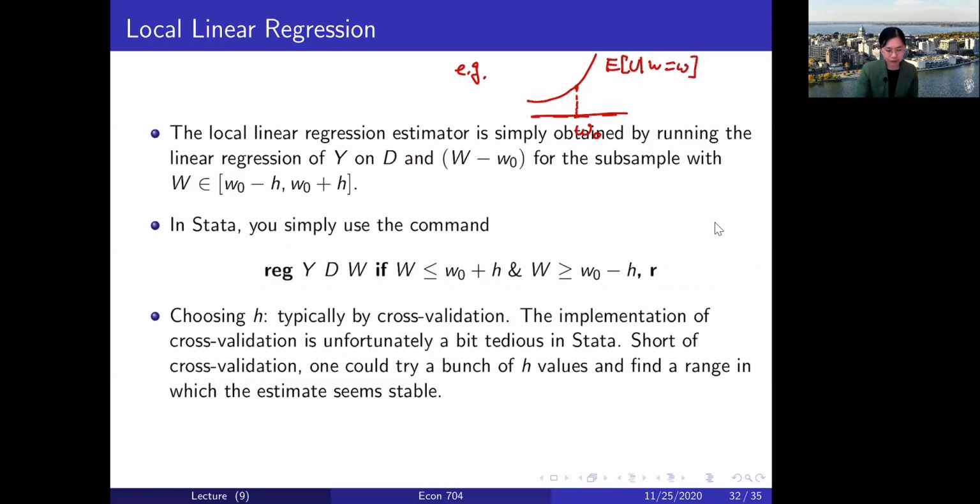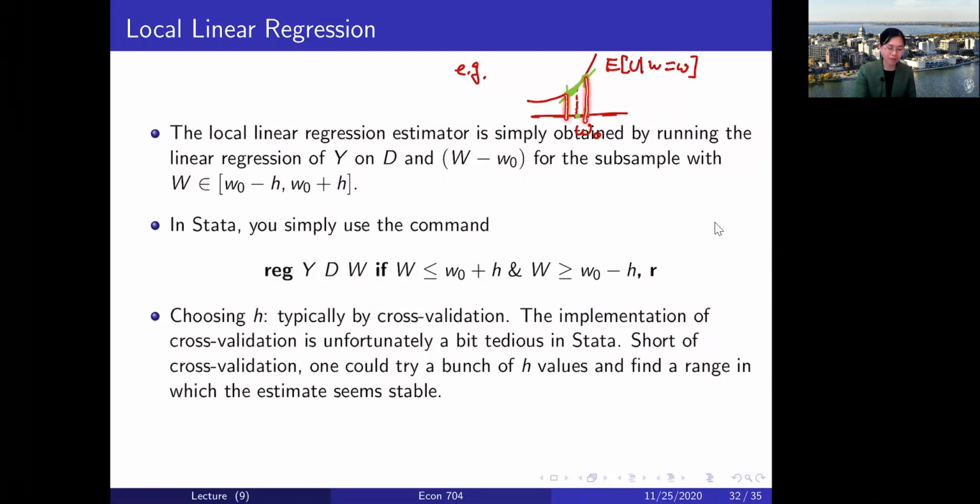However, if you restrict your attention to a small interval around this little w0, the threshold, then on this little interval, this curve E[U given W equals little w] isn't too different from linear. If you draw a linear function closest to it, it doesn't seem that the linear function is so different from the curve when you restrict your attention to a small interval around the threshold.